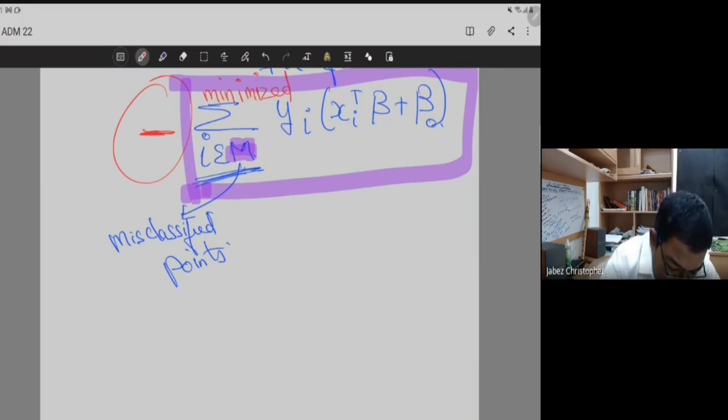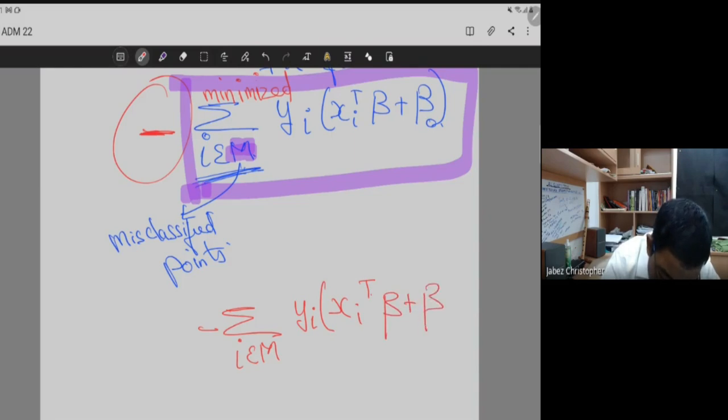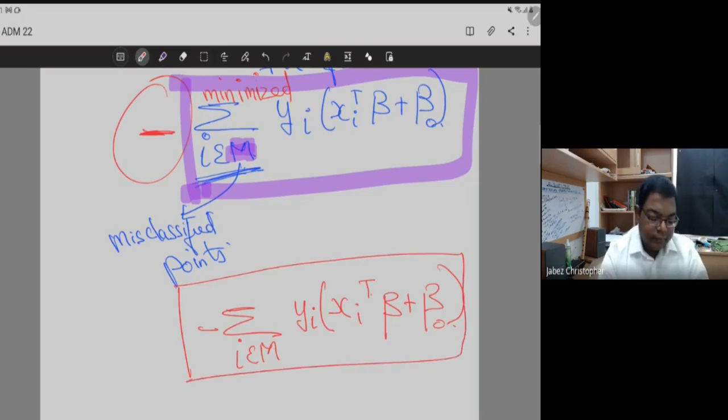That is, minus the sum over i belonging to M of yi times x transpose beta plus beta naught. When will this be minimal?